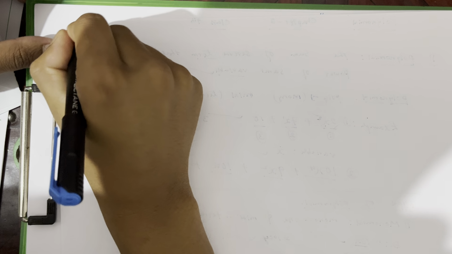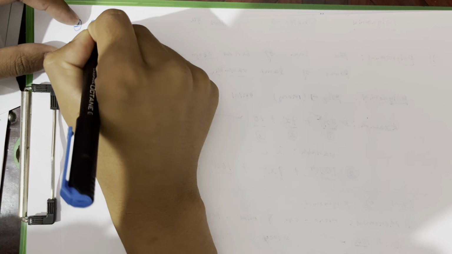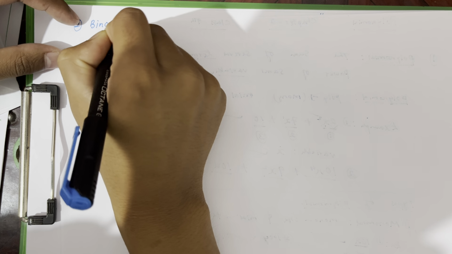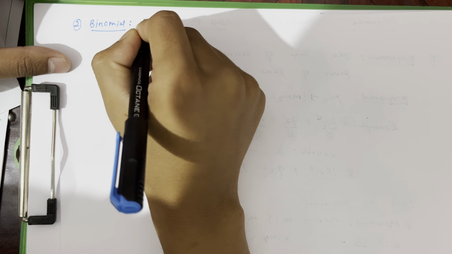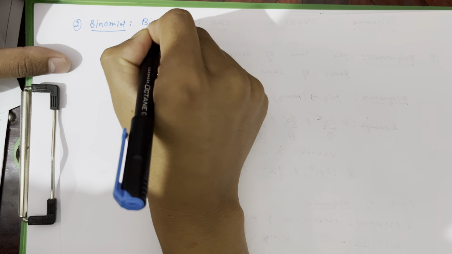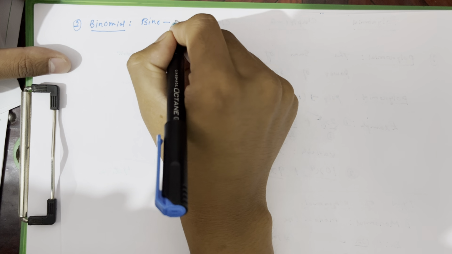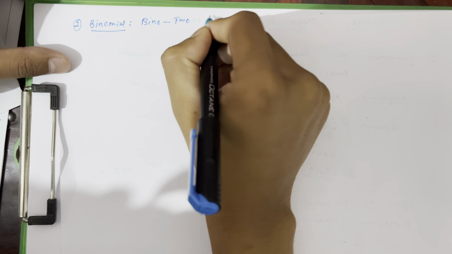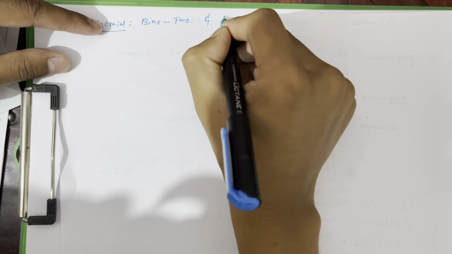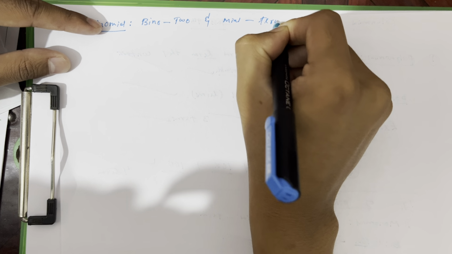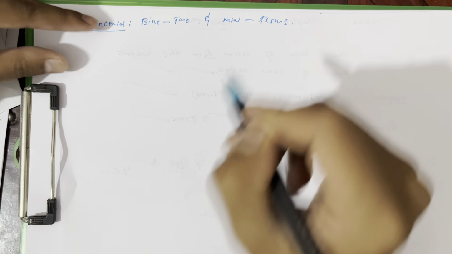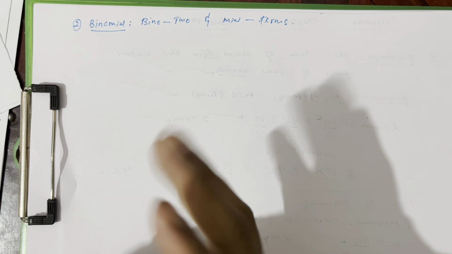Then the second type of polynomial is binomial. Let me explain you the meaning of binomial. Binomial means 2, and mial means terms. You already know mial means terms. So give me the example of binomial.